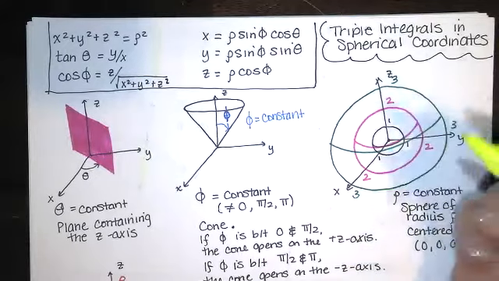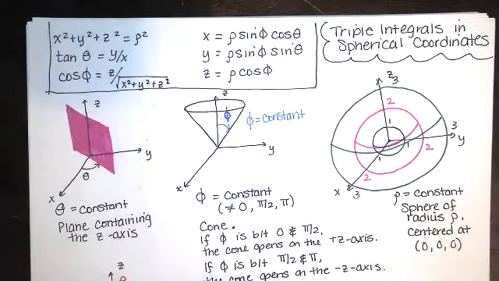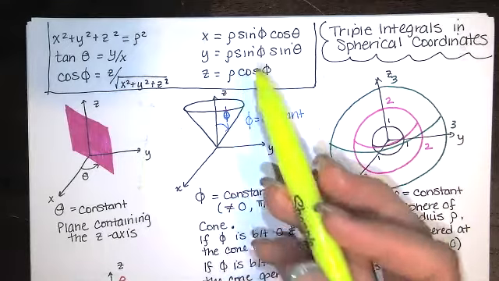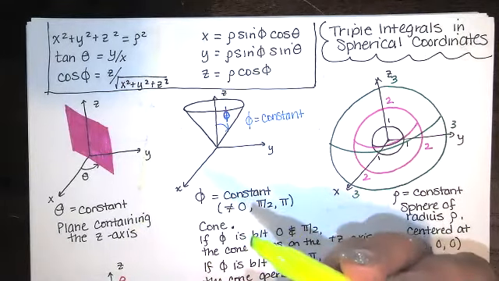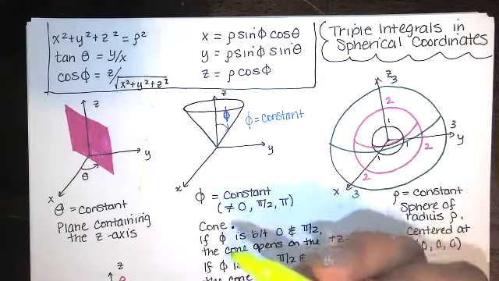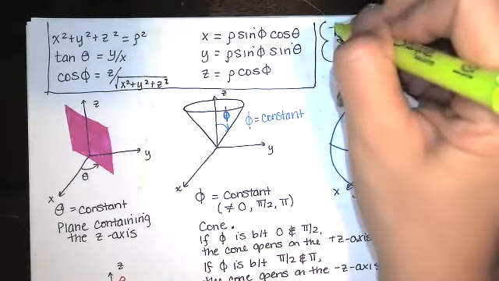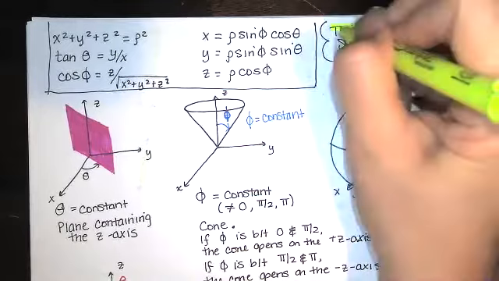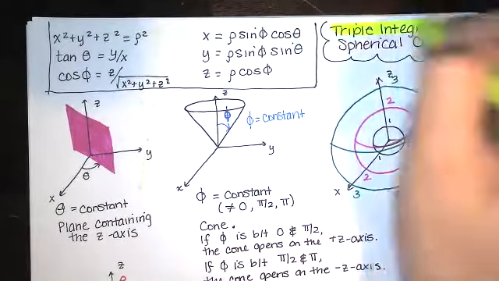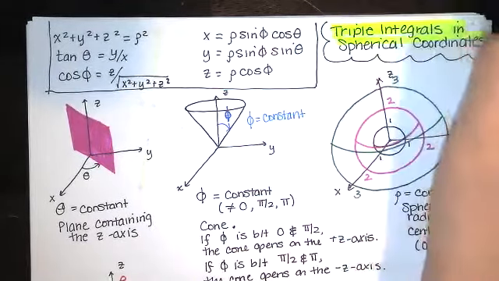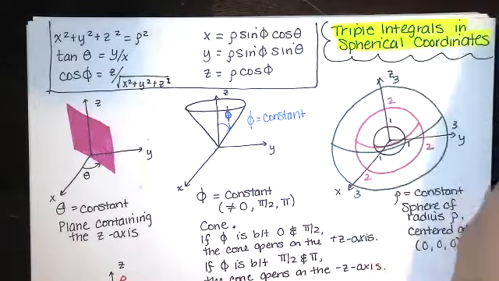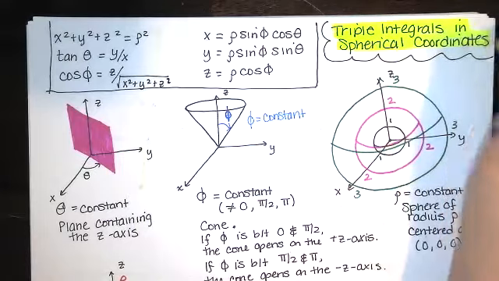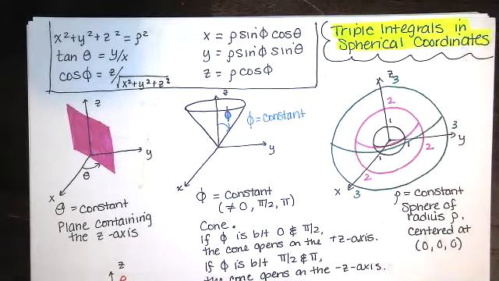Spherical coordinates are coordinates rho, theta, and phi that give us new ways of describing points in three-dimensional space. One of the most important things that you need to remember about converting to spherical coordinates is what types of surfaces we get whenever theta, phi, and rho are constants.